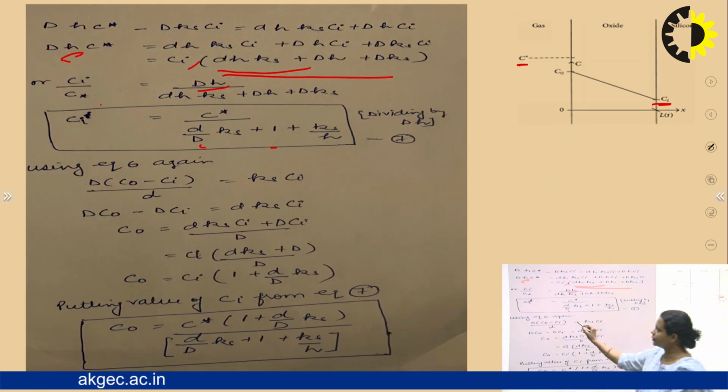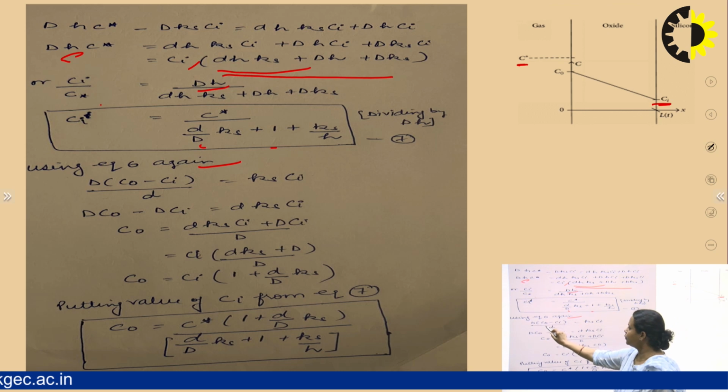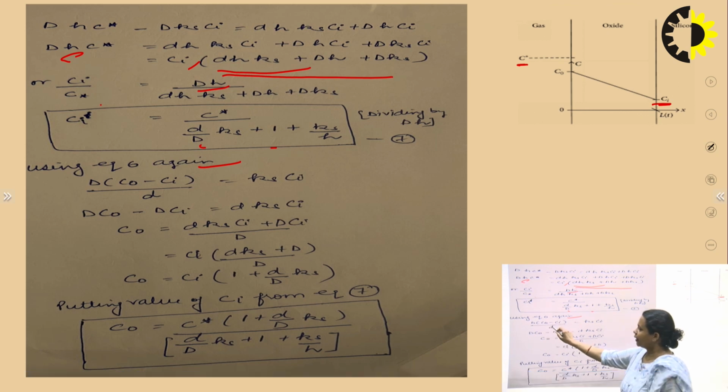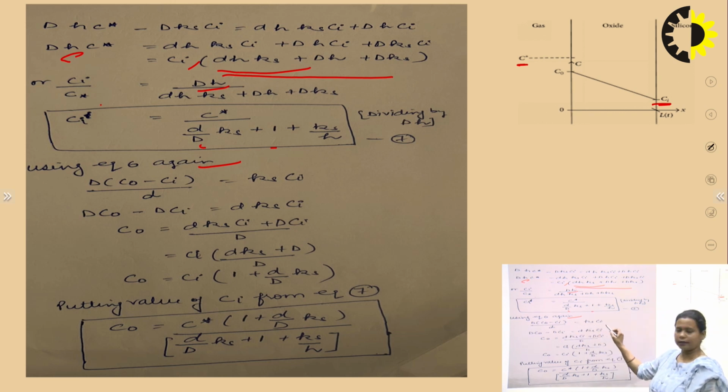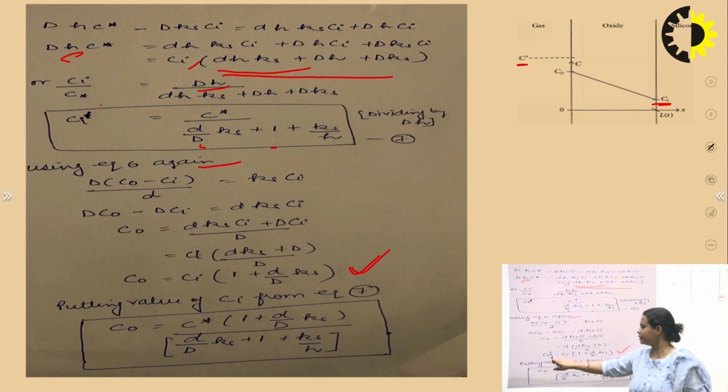So I have used equation 6 again, and the equation is D (C0 minus Ci) whole upon small d, that is your thickness, equal to Ks Ci. When we equate this, we will get this relation, right? This relation is C0 is equal to Ci (1 plus d upon D Ks).